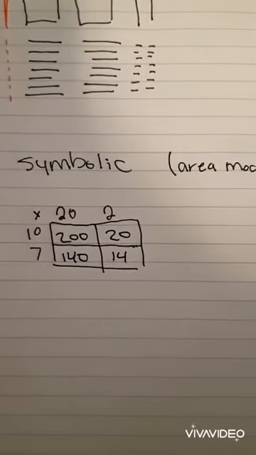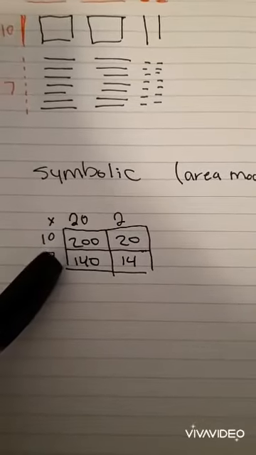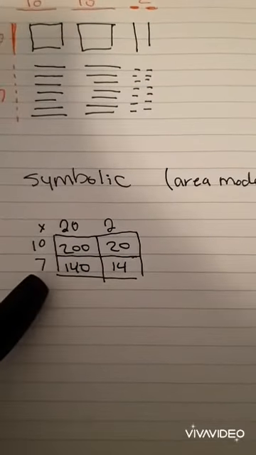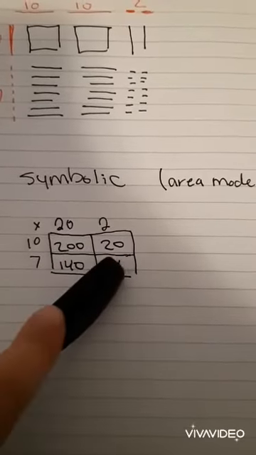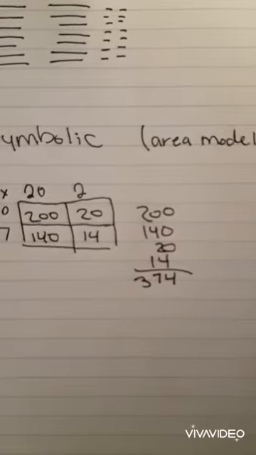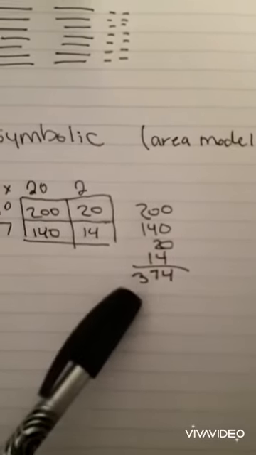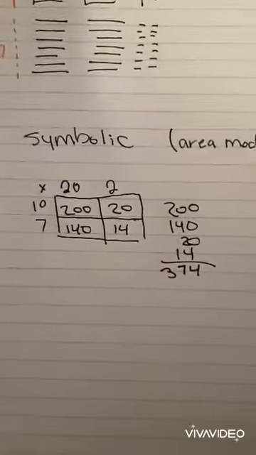Here I multiply each number to get the answers, where 20 times 10 is 200, 20 times 7 is 140, 10 times 2 is 20, 2 times 7 is 14. And we add them all up to get 374 as our final answer.